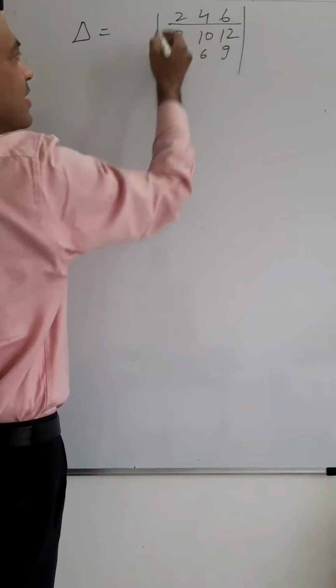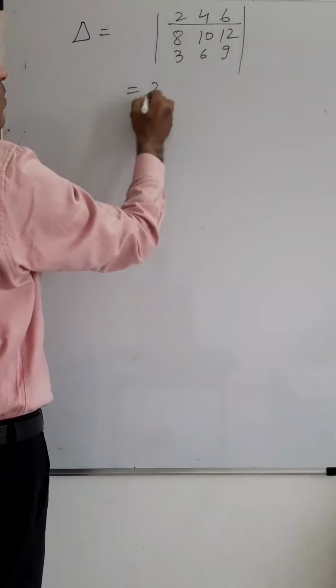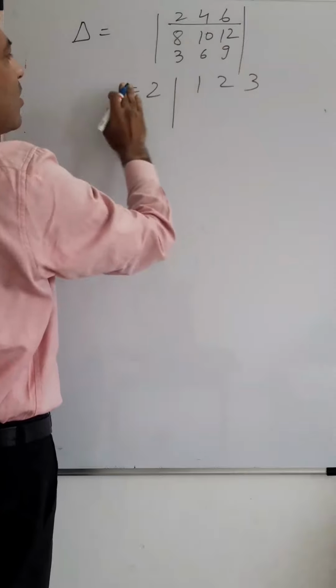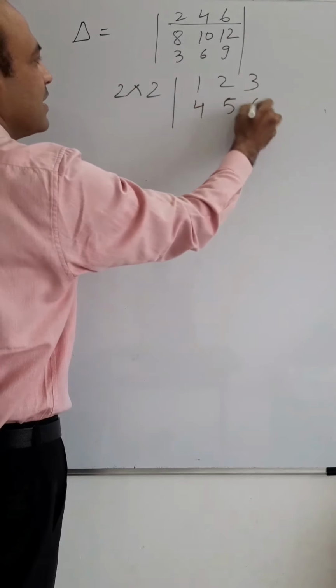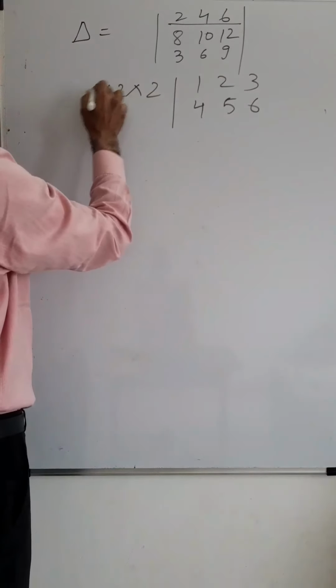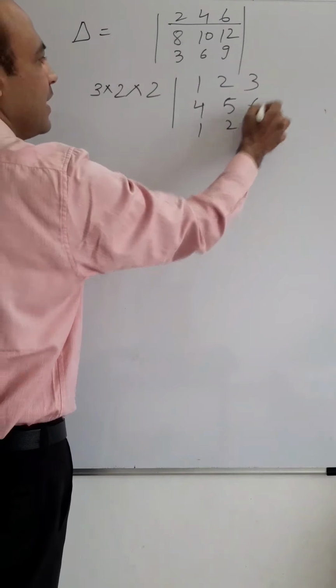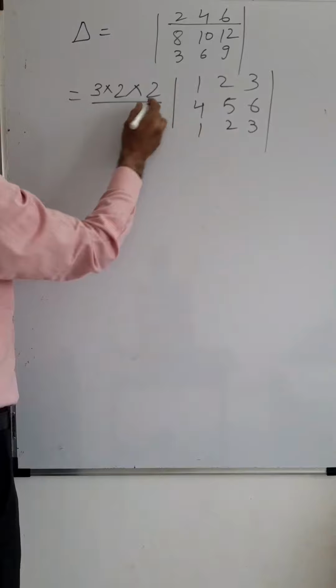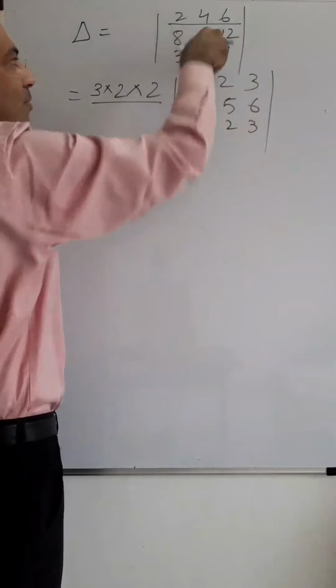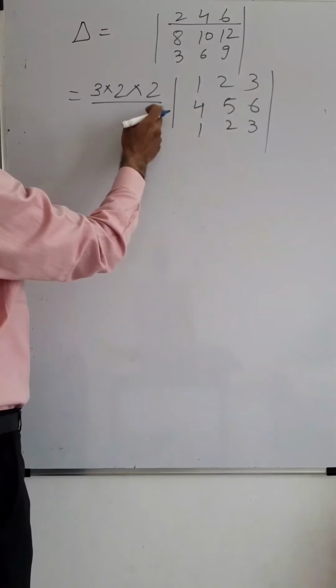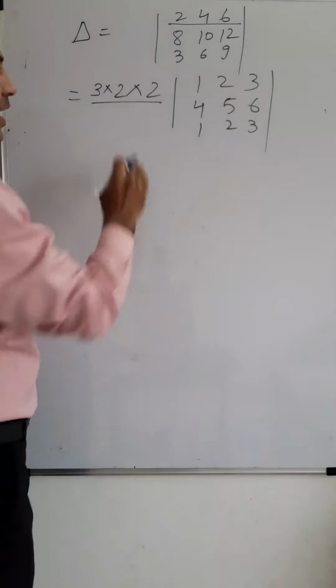Let's say from here I can take 2 common, so 1 2 3 is left. Here I can take 2 again common for the second row, 4 5 6, and in the third row I can take 3 common, so 1 2 3. So you can take common either row wise or column wise, correct. The common will come outside, you can write it here.